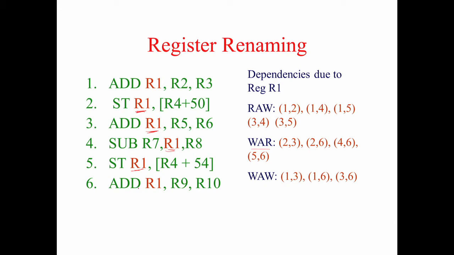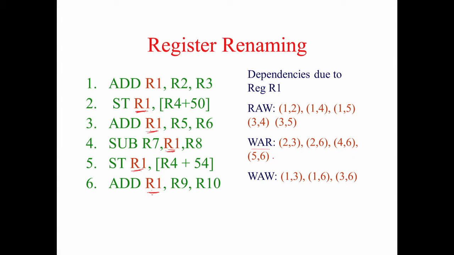Between 2 and 6 there is a write after read, this is reading and this is writing. Between 4 and 6, this is reading and this is writing, and between 5 and 6, this is reading and this is writing. So many dependencies we are seeing here.